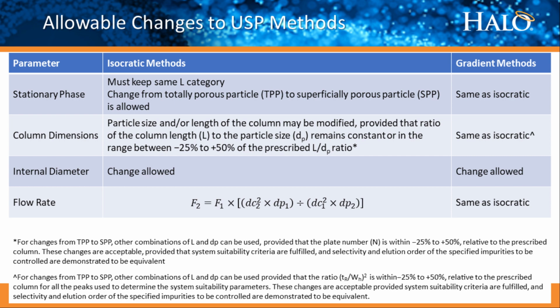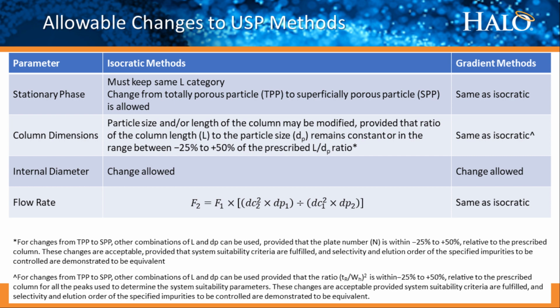They do offer some guidance on changing from TPP to SPP columns, and that is you can use other combinations of L and dP, provided that the plates are within -25 to +50% relative to the prescribed column. And I have an example of that as we go along in the presentation.